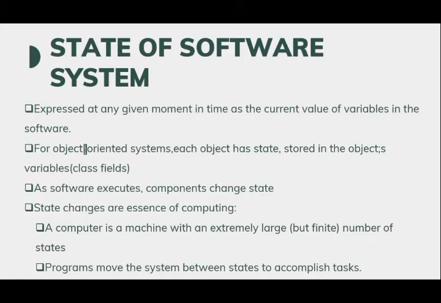A computer is a machine with an extremely large but finite number of states. Programs move the system between states to accomplish tasks. So, in general, a state is data or information that is changed or manipulated throughout the runtime of the code or program to accomplish a task.